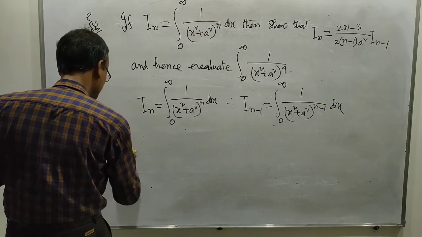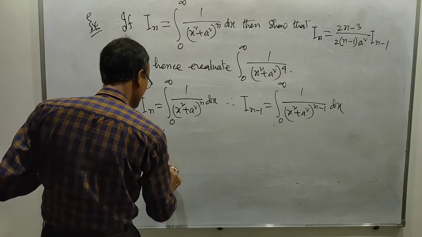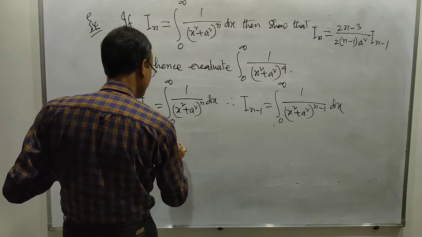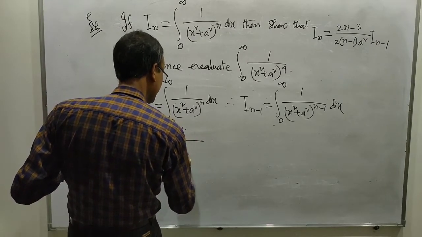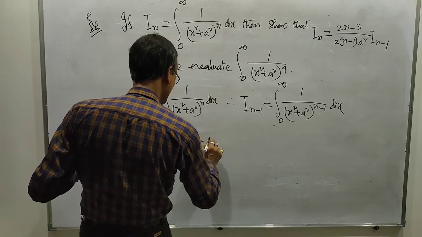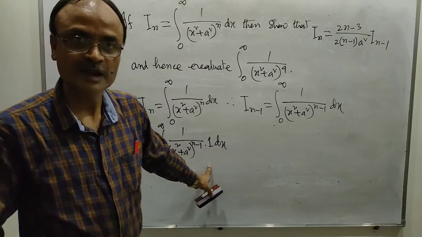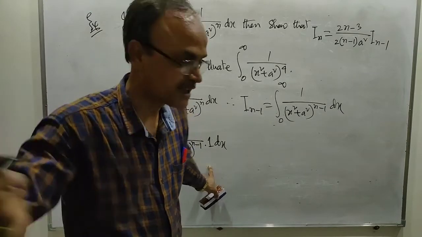Now, as in the previous question, the integral from 0 to infinity of 1 by (x square plus a square) whole to the power n minus 1 into 1 dx. Now integrate this by parts, taking 1 as the second function.